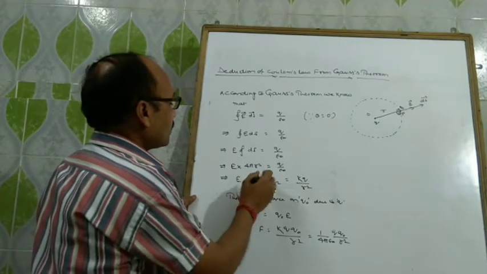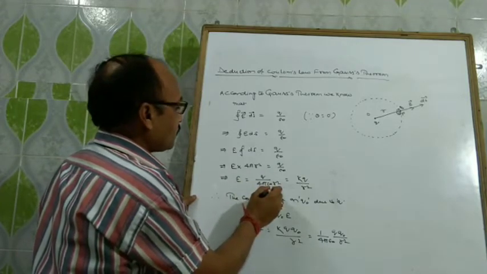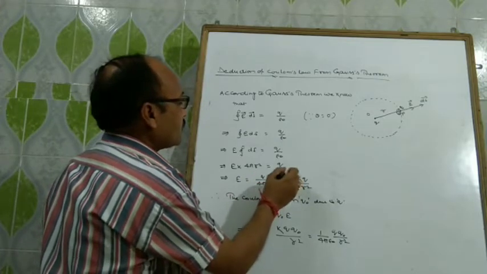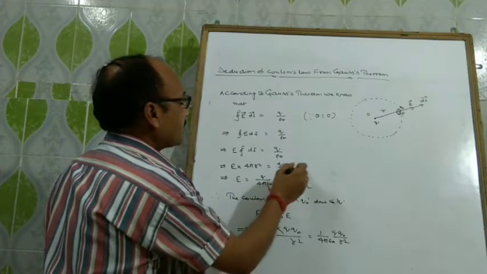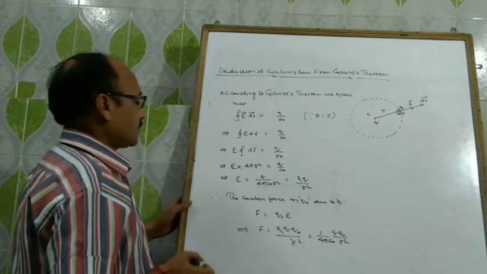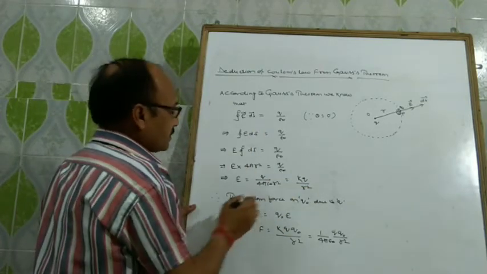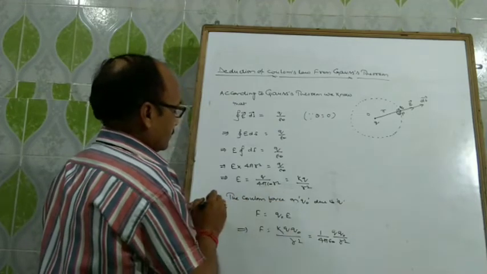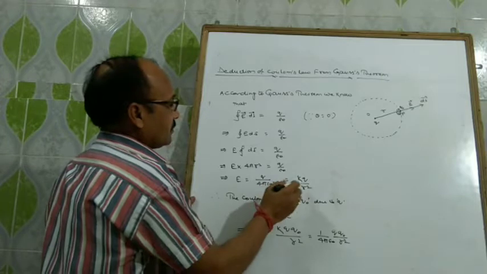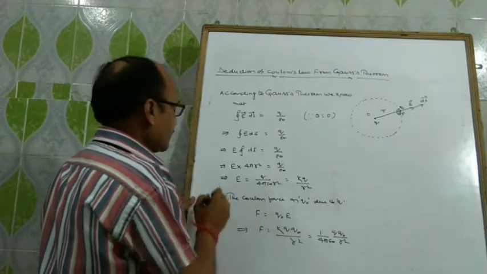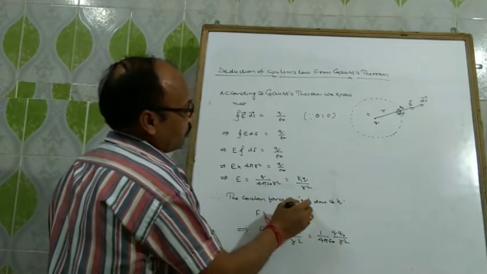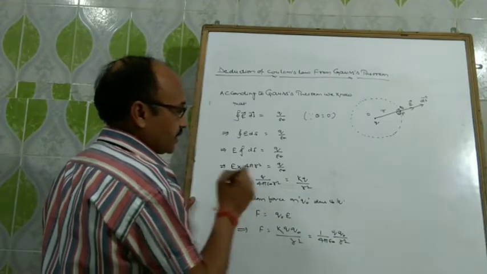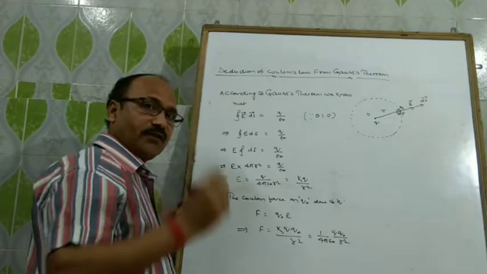E equals q upon 4 pi epsilon naught r square. 1 upon 4 pi epsilon naught is equal to k, so this can be written as kq upon r square. This is the electric field intensity, therefore the Coulomb's force on q naught due to q will be F equals q naught E. This is from the definition of electric field.